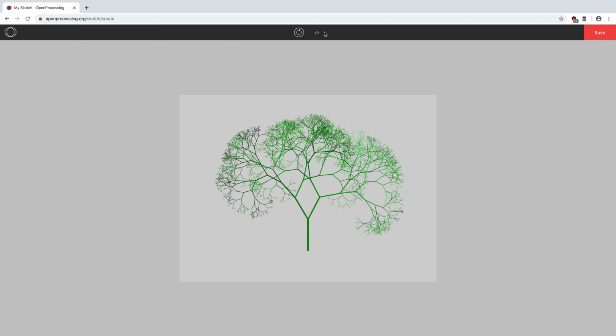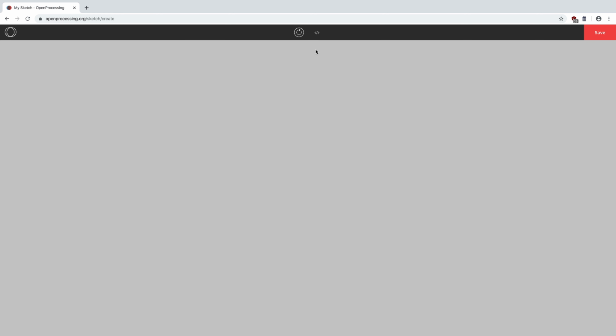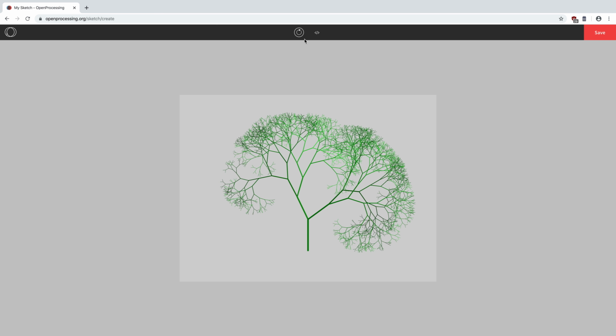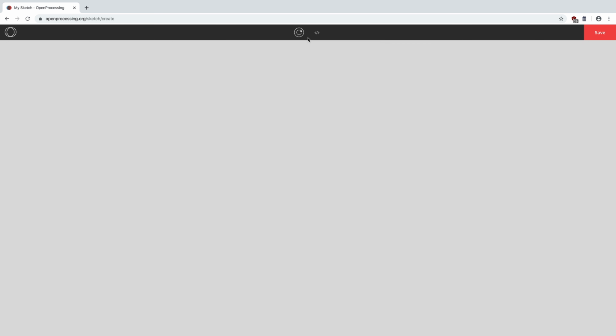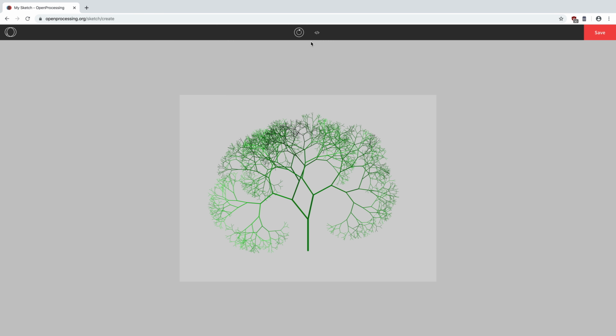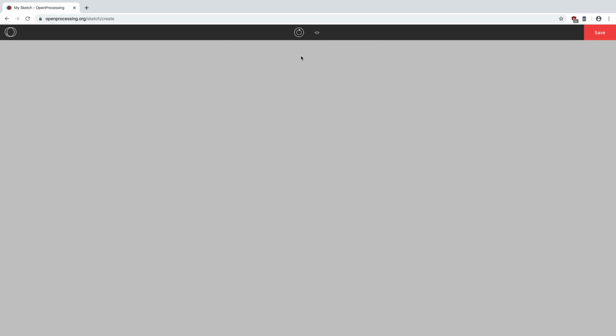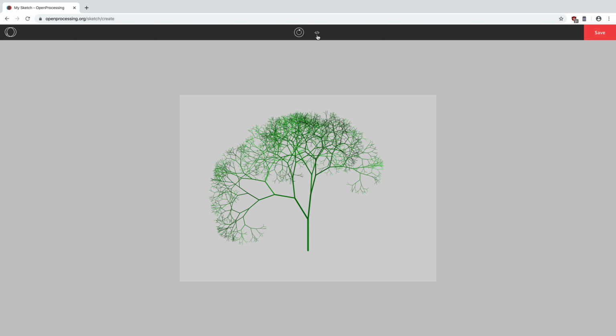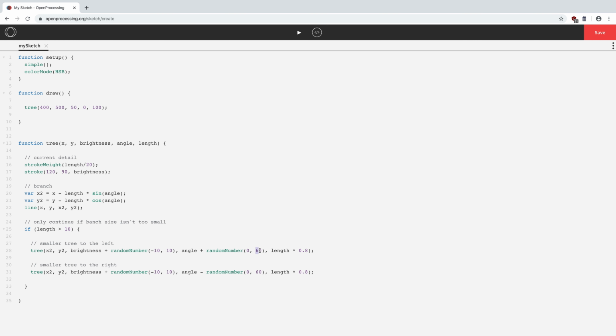That does spread out, but it doesn't look quite like a tree. Maybe it does. I don't know. Yeah, that is interesting. It looks more like a lung, or the veins in a kidney. Let's rein that back in again. Let's make it back to 30.